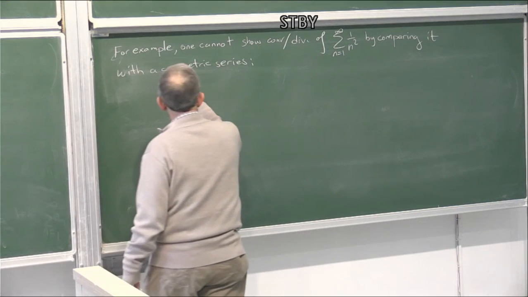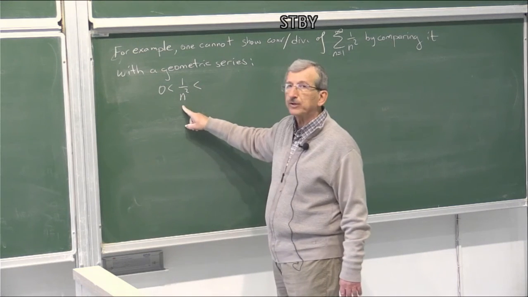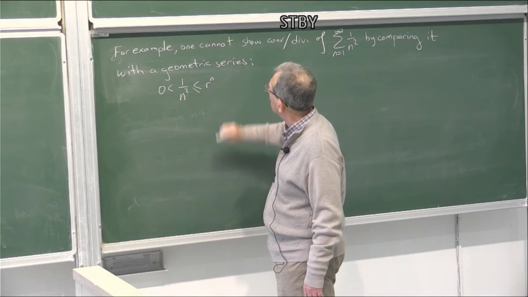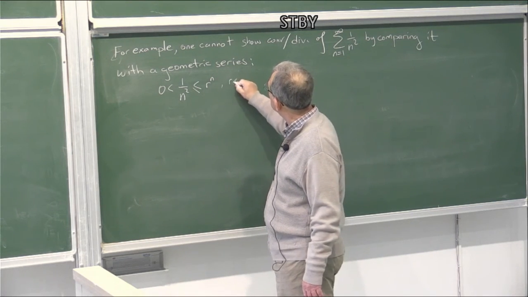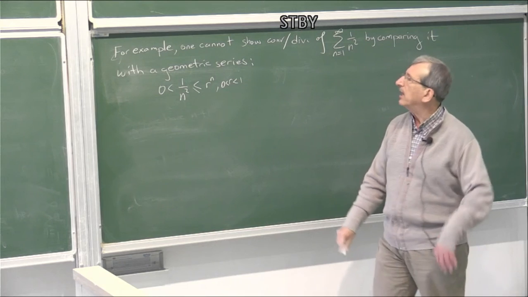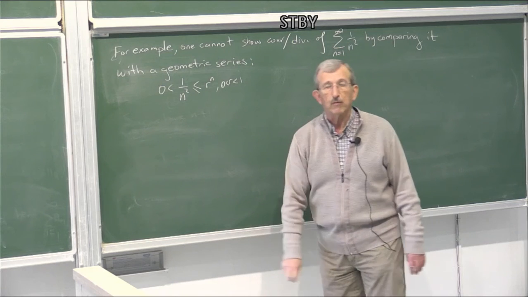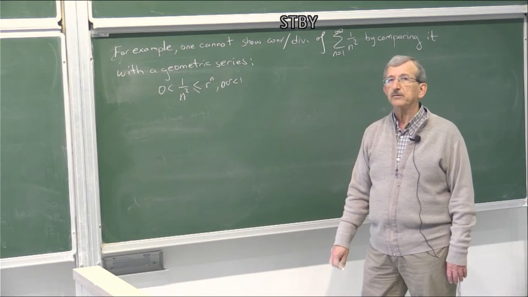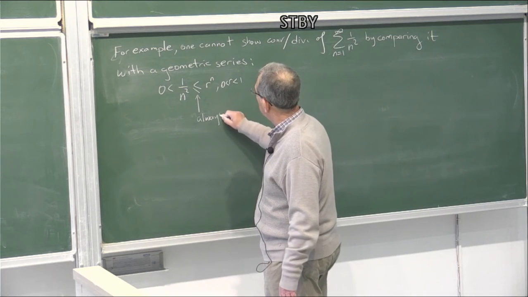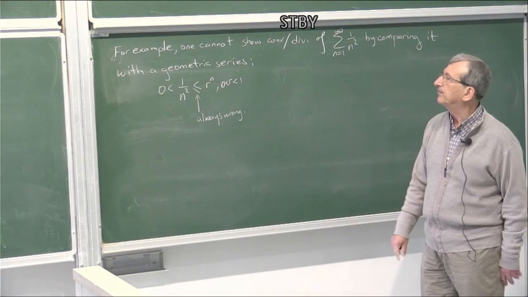It says that this is a positive series, yes. You compare it to show convergence with some r to the n, where r is less than 1. Then you can say the series here is convergent, the geometric series, so the smaller one is also convergent. But this never happens. This inequality is always wrong, because r is less than 1.